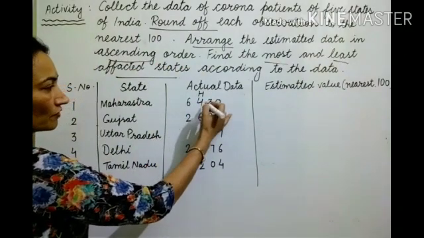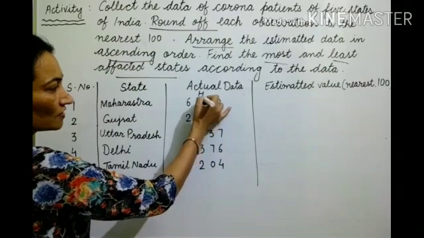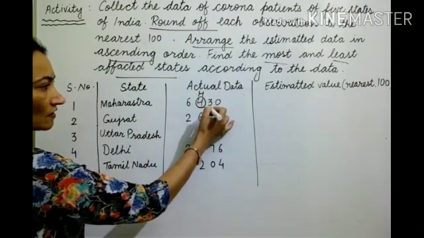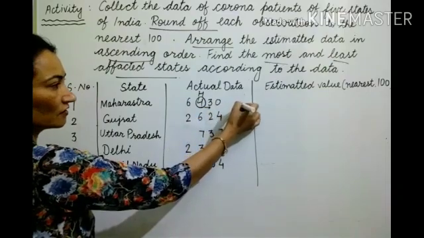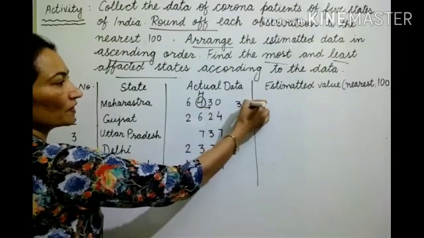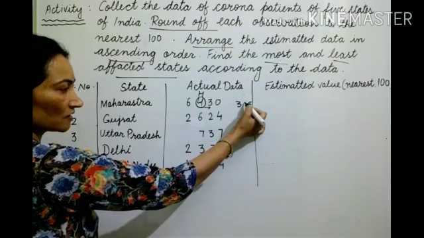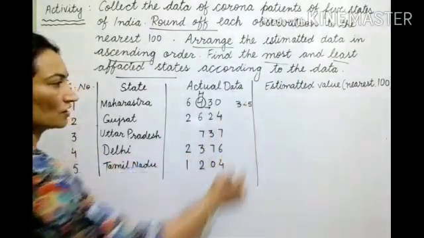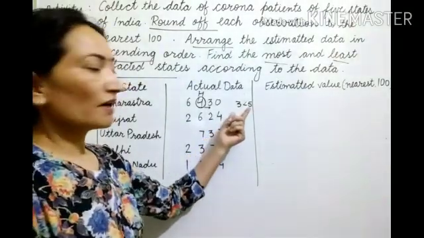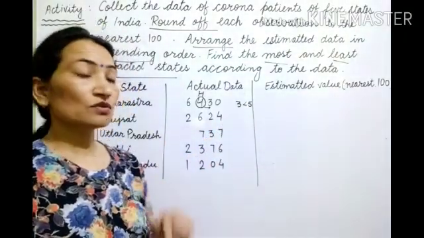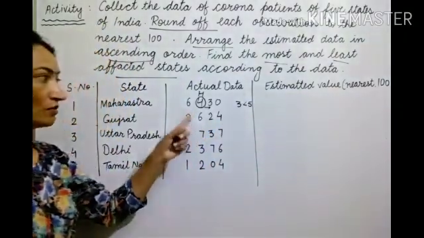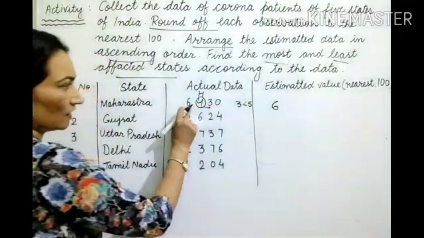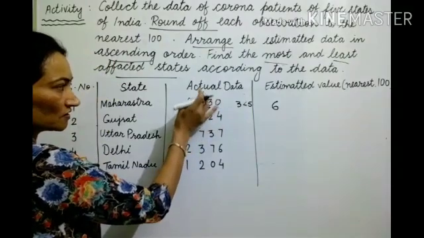First we round off to the nearest 100. We will circle the 100 place digit. See the right digit, which is 3. We will compare it with 5. As I told you, as 3 is less than 5, there is no change. If the digit is less than 5, then there is no change in the circled digit, the rounding place digit. 6 will remain the same, as we are talking about the 100 place digit.